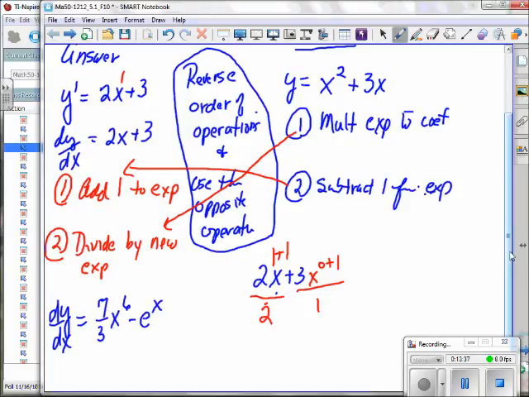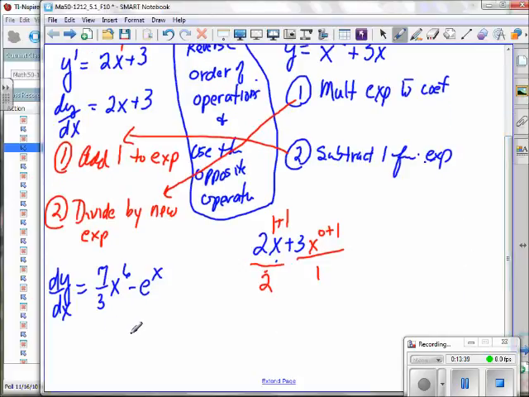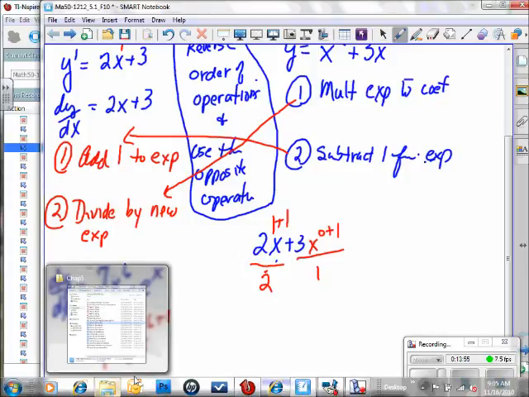Does it work for this one? Let's see. If I have 7/3 x to the 6th, if I add 1, that makes it x to the 7th. If I divide by 7, that's the same thing as multiplying by its reciprocal.